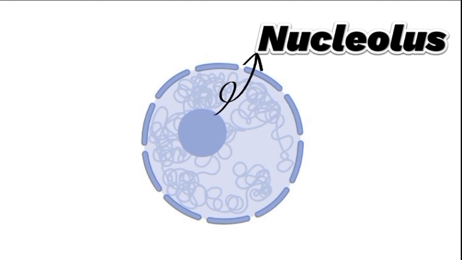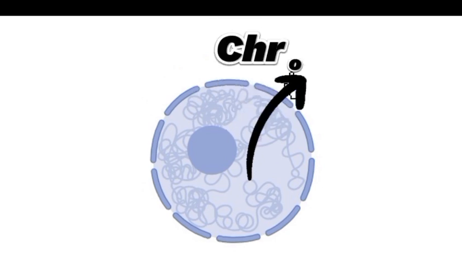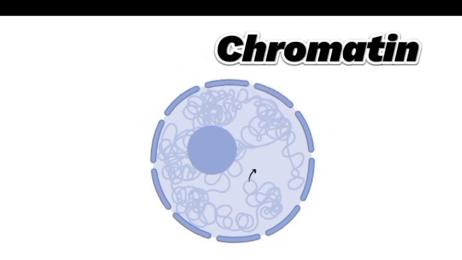Now we are going to explore the most important part, the genetic material, the DNA inside the nucleus. It's not simply floating around as naked DNA. It is associated with proteins and organized, and the structure is called chromatin.